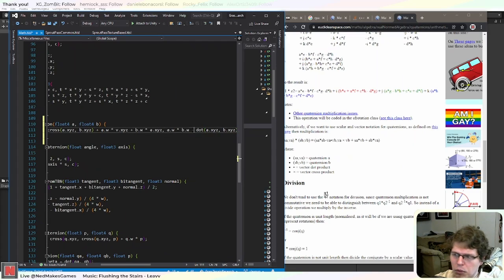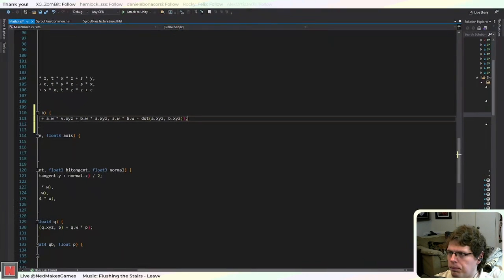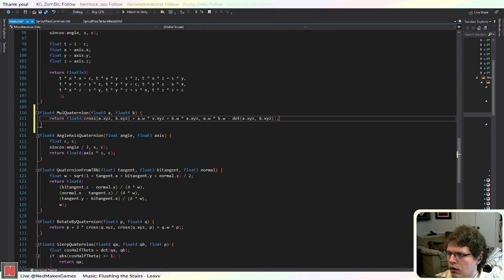So the scalars minus the dot product of the vectors, and then the vector part is the cross product of the vectors plus each scalar multiplied by the other's vector component, which I think is what I wrote. Should be B.